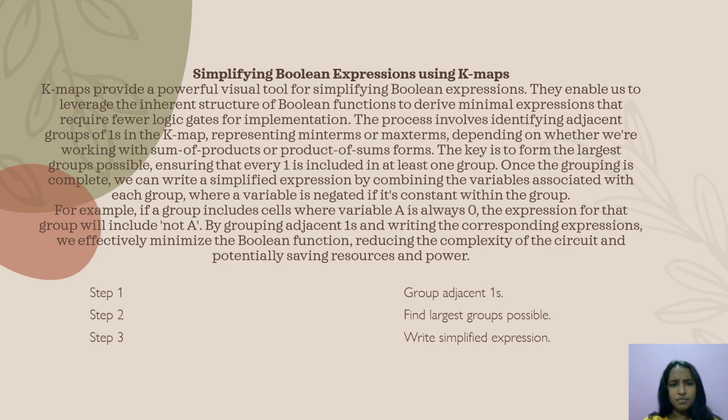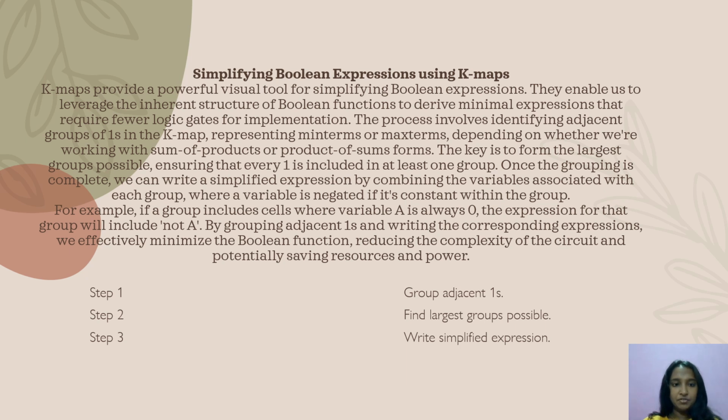The key is to form the largest groups possible, ensuring that every one is included in at least one group. Once the grouping is complete, we can write a simplified expression by combining the variables associated with each group, where a variable is negated if it's constant at 0 within the group.